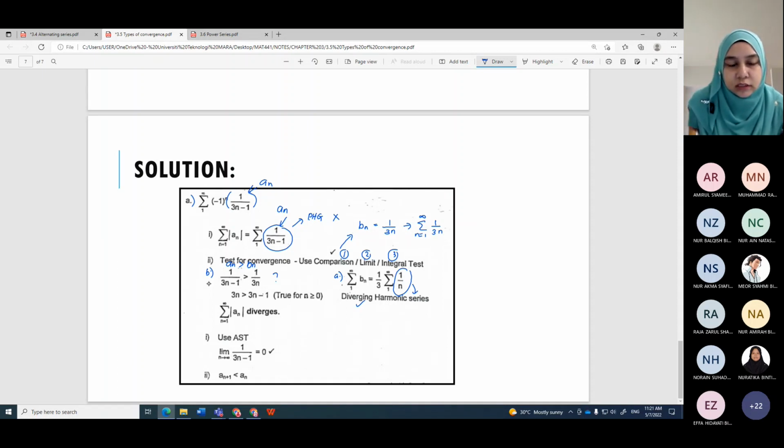Okay, so kat sini boleh gantikan. Masukkan n equal to 1. So dapat 1 over 2, 3 times 1 minus 1, greater than 1 over 3. So proof lah untuk ni. Kena tunjukkan yang ni sebenarnya true for all n greater than 0.